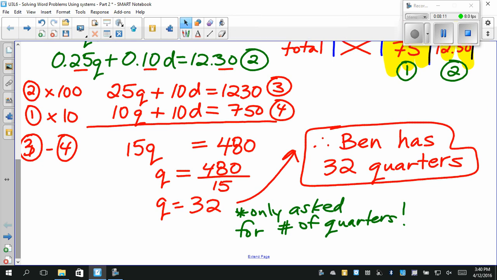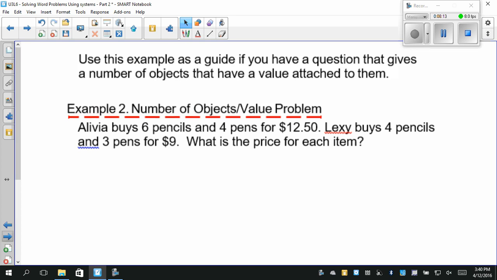In the second and last example here, in this one we have the number of objects and their value in these questions. So we'll start the same way. We're talking about pencils and pens here, and we're trying to find the price for each item.